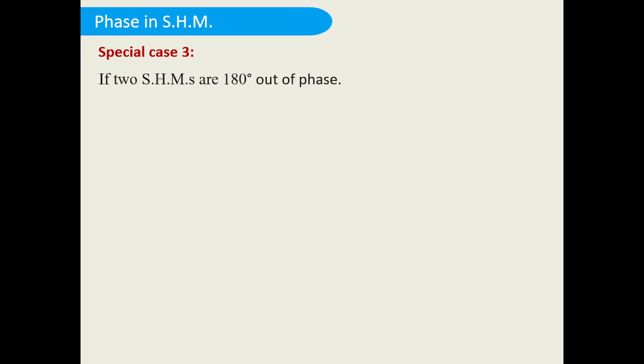The next case that we are going to learn is special case 3. In this case, suppose the two SHMs are out of phase, meaning 180 degrees. That means theta is equal to 180 degrees. What is the value of cos of phi 1 minus phi 2? Cos of 180 degrees is equal to minus 1. So what is the value of r then?